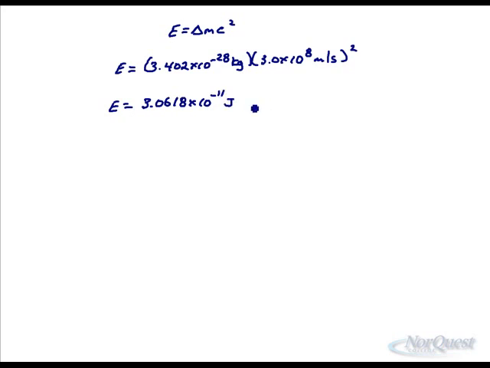I'm going to change to electron volts, times 1 electron volt over 1.60 times 10 to the negative 19 joules.